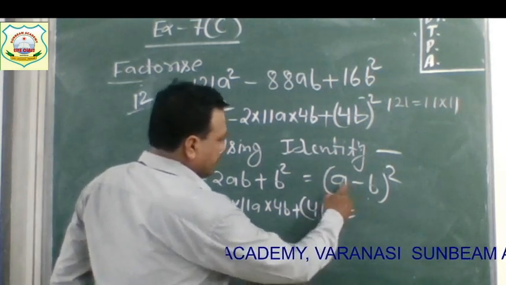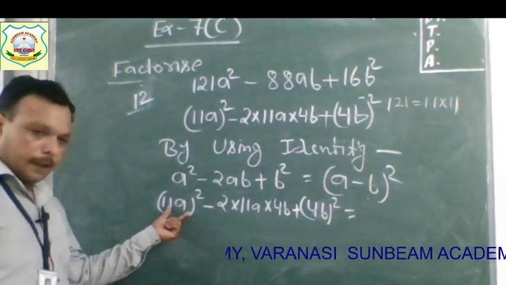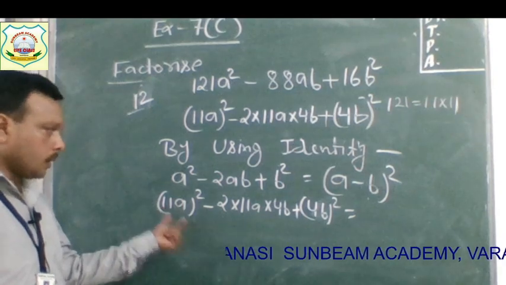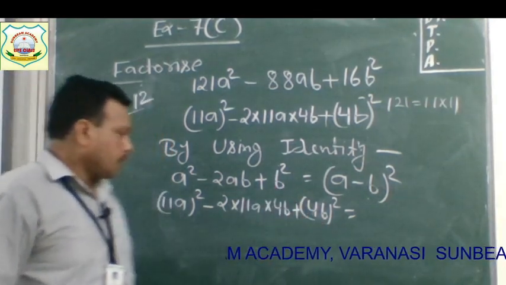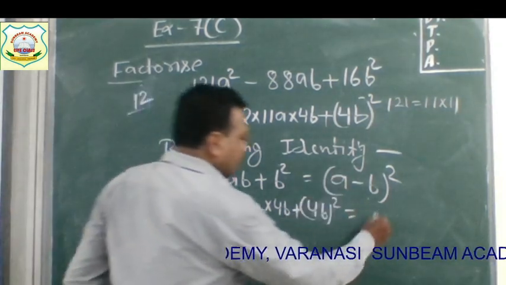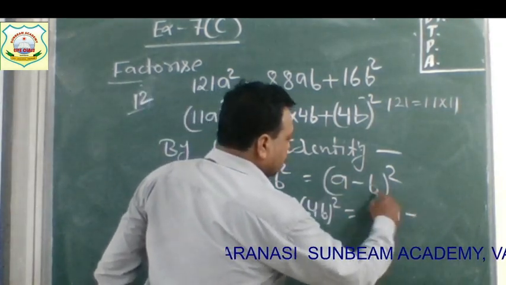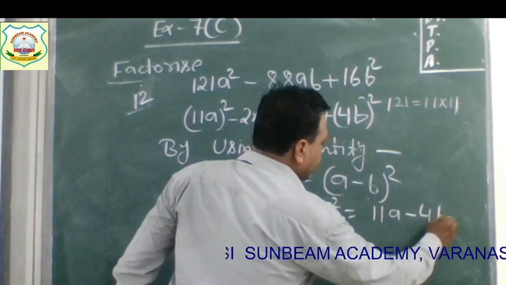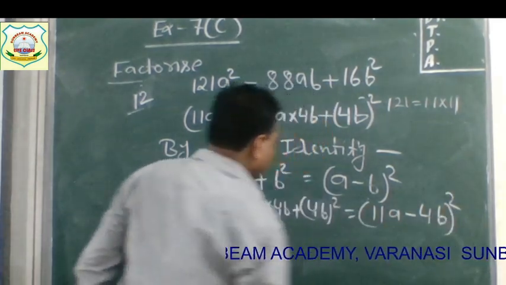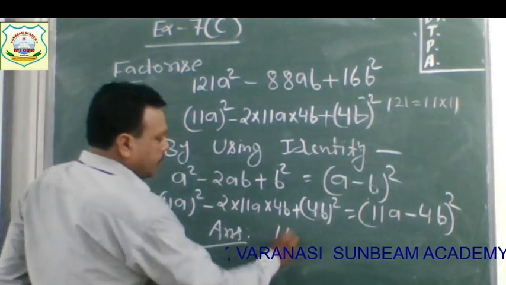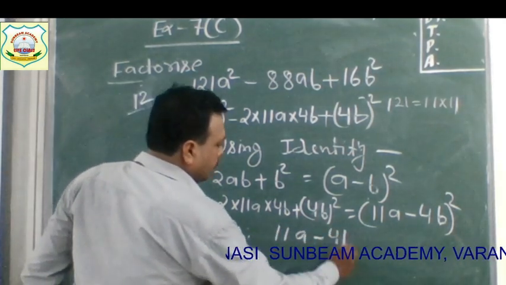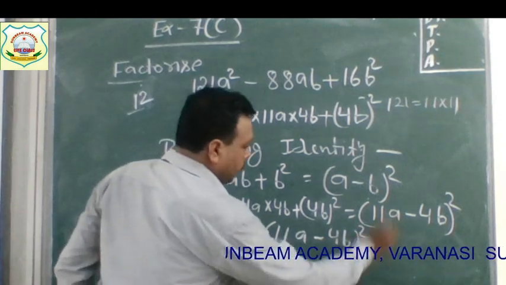So what should come? The a value is 11a, that is 11a whole square, and the b value is 4b whole square, so b is 4b. Clear? So in place of a we write 11a, minus, in place of b we write 4b, whole square. So the answer is 11a minus 4b whole square. It will be your answer.